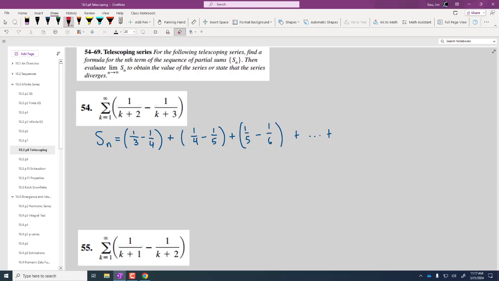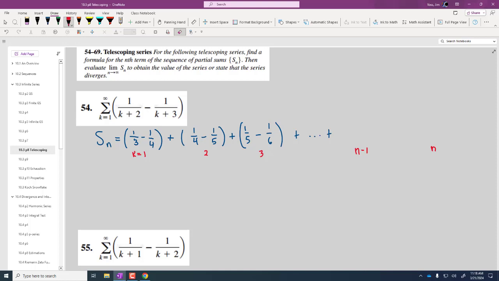I'm going to put the index value down below. So this is the k value. k was 1, then k was 2, then k was 3. The very last term in S sub n will be when k is n. What will the k value be for the term prior to the last term? n minus 1.